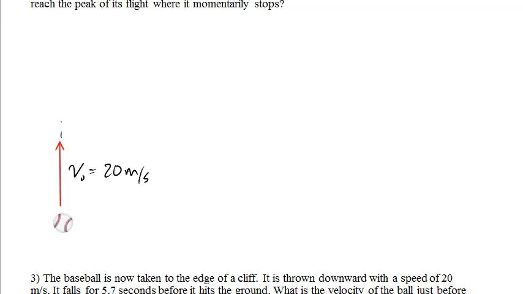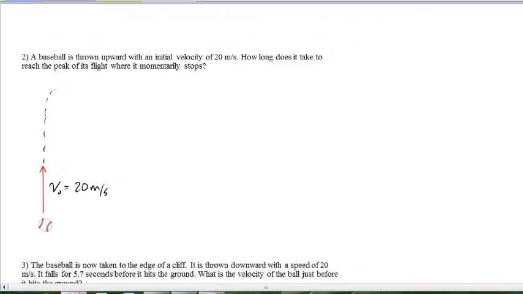So the path this is going to follow is straight up, of course, and then it may not actually move to the side, but just so that I'm not drawing on top of myself, it'll come back down like that. And we know from what we learned in class, and from what the problem tells you, frankly, that there's a spot right at the top of its flight where the velocity is momentarily 0. In other words, it momentarily completely stops.